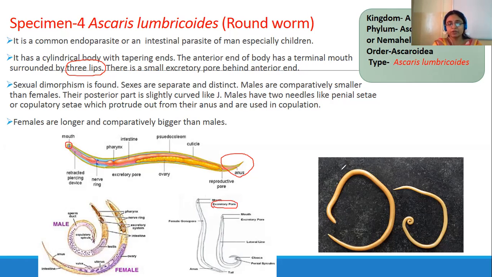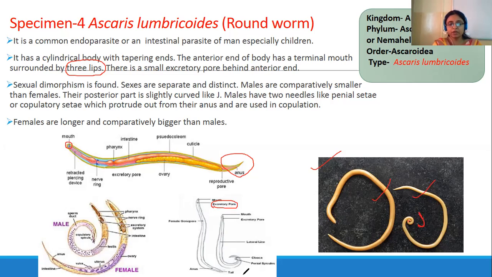Sexual dimorphism is very distinct in this Ascaris. Here you can see both the sexes are different, distinct. You can easily identify them. Males are small as compared to the females. Females are very big and larger. The posterior end of the male is coiled and looks like a J, like the J alphabet. So it is a male.